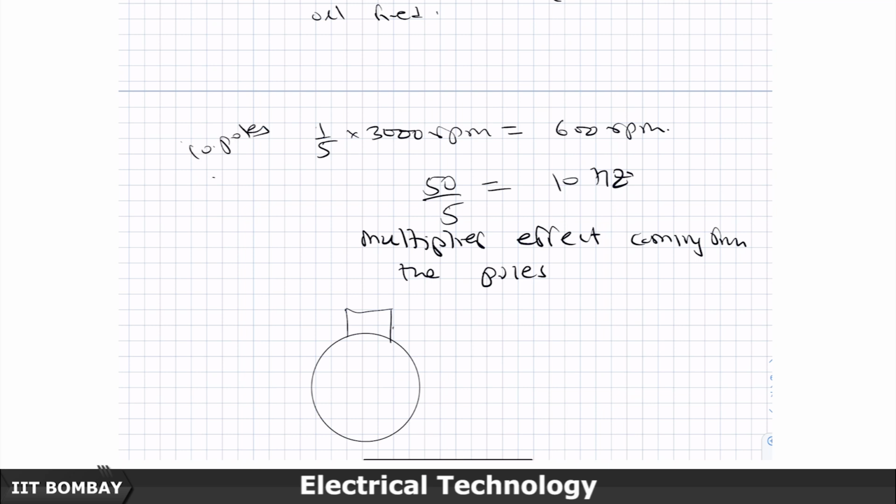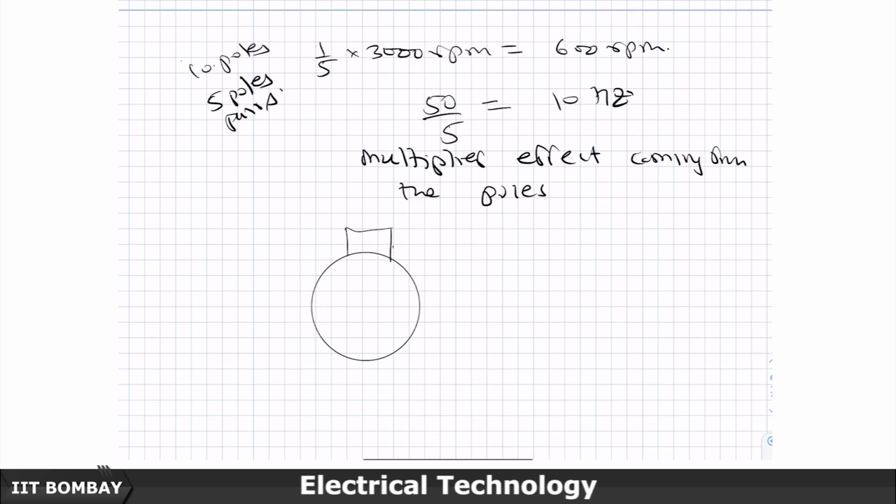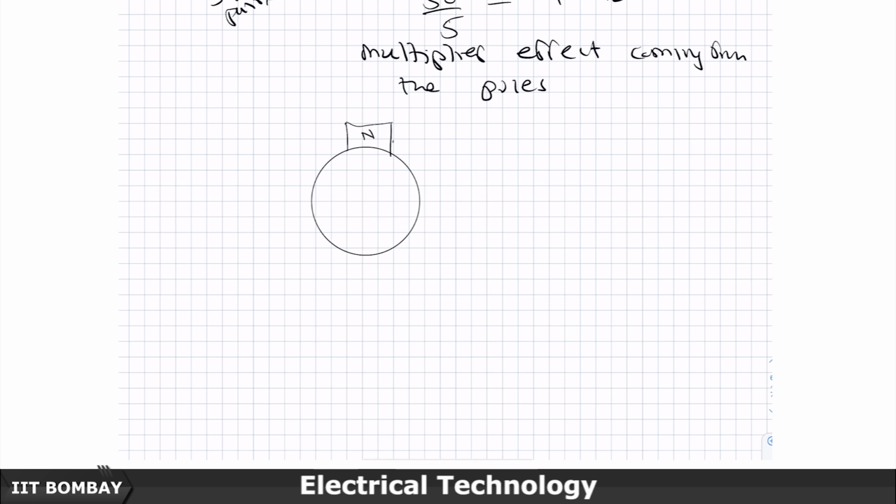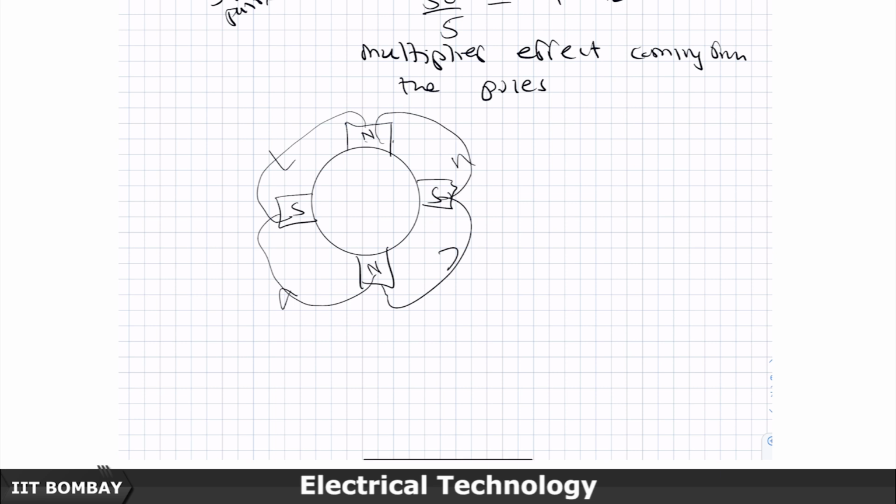In my example, I need 5 pole pairs, but to draw it is going to be difficult. So, I am taking north, south, north, south. So, this is one pole pair, this is another pole pair, this is the third pole pair, and this is the fourth pole pair.